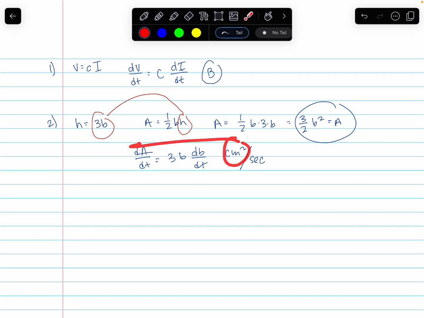Centimeters squared because we're talking about area, and seconds because we're talking about time. And yeah, there you go. So it's either going to be C or D, but it's going to be D because that's the correct units that we want, because we're talking about area. Area uses units squared, and C does not use that.